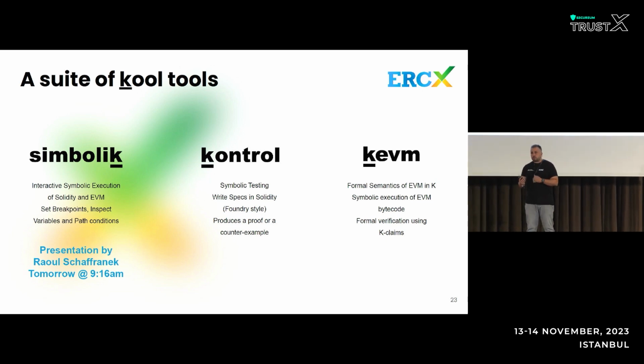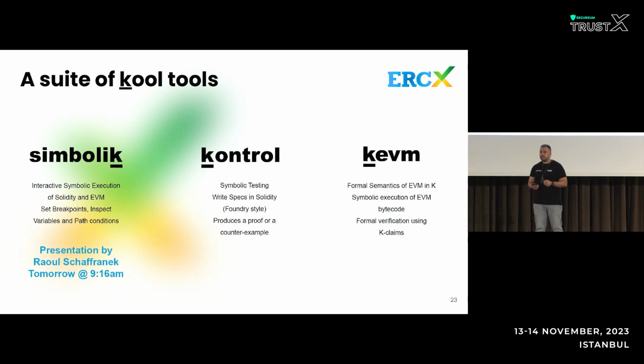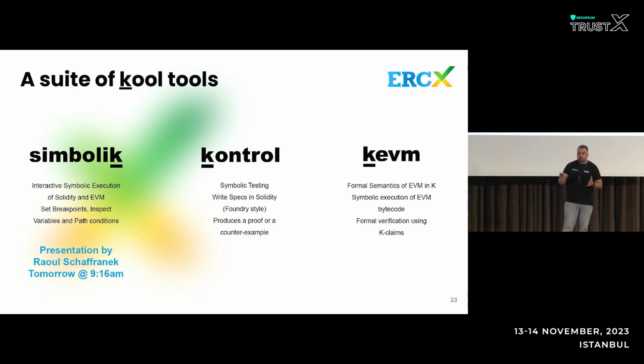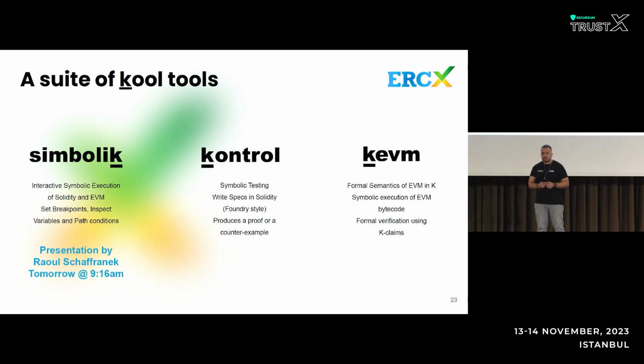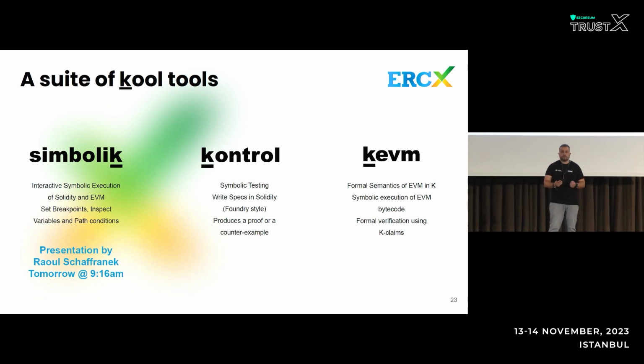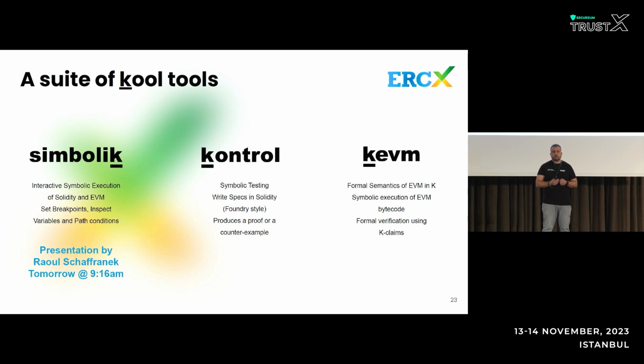We also have Control, which is the symbolic version of ERCx and allows you to execute our tests symbolically and will provide you with either a proof or a counterexample in case your test fails. This is part of a larger tool, which is KEVM, our formal semantics for the EVM in our framework K, which allows you to do symbolic execution and formal verification using K claims. Thank you very much, and I'm looking forward to discussing with you.